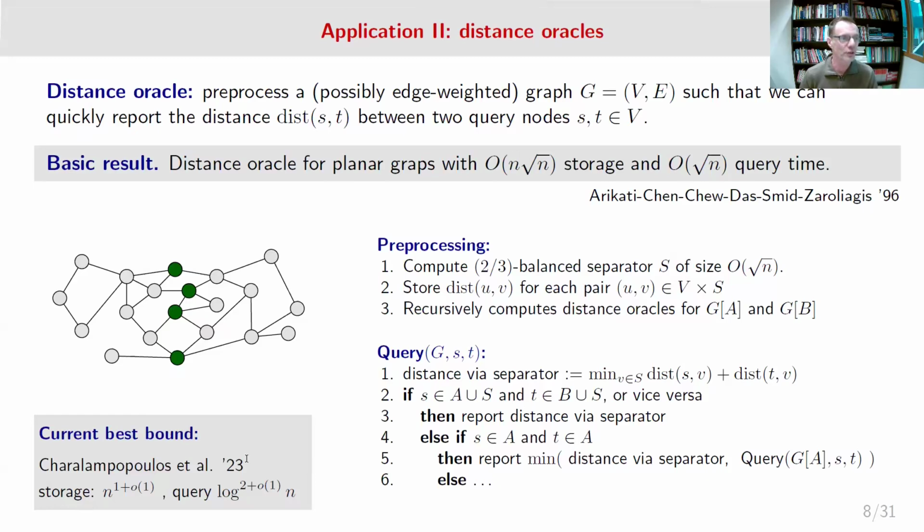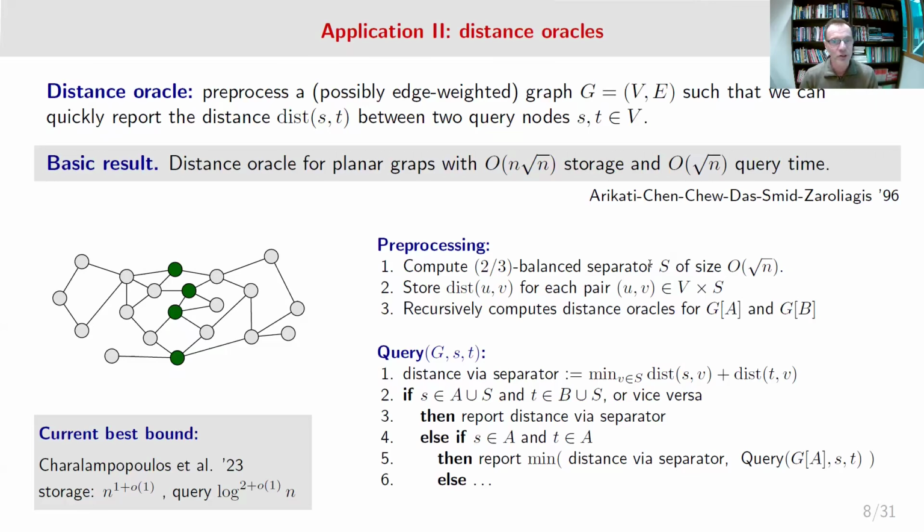So it's a long sequence of papers that led to this thing. Okay, but again, this is very basic. Later we will do something like this for geometric intersection graphs, which is equally basic, but somehow gives a result in a setting where nothing was known.